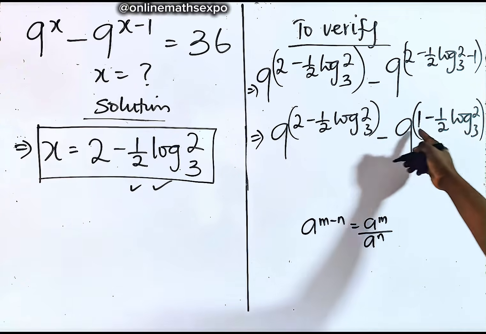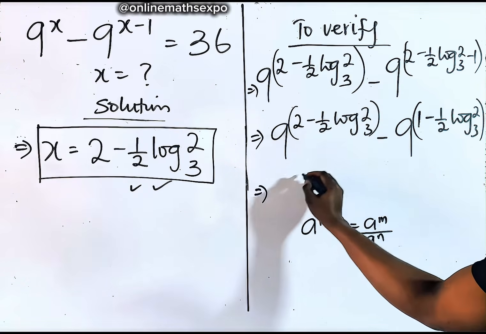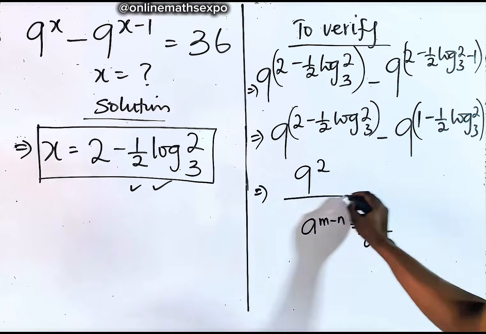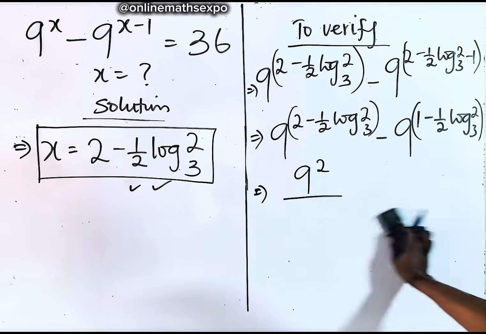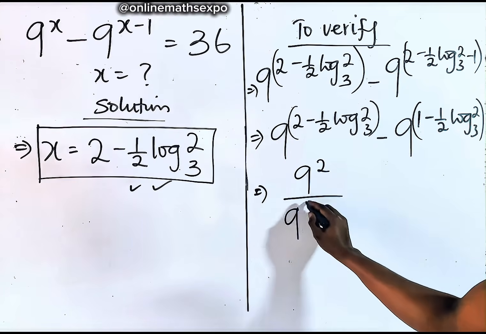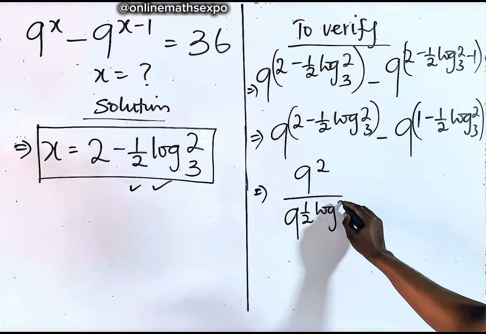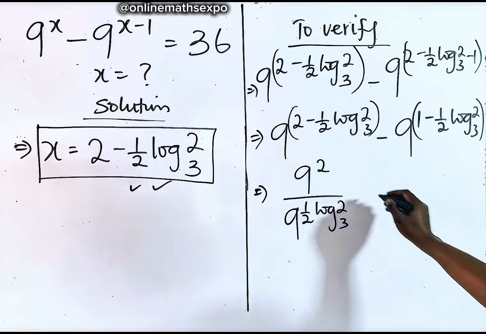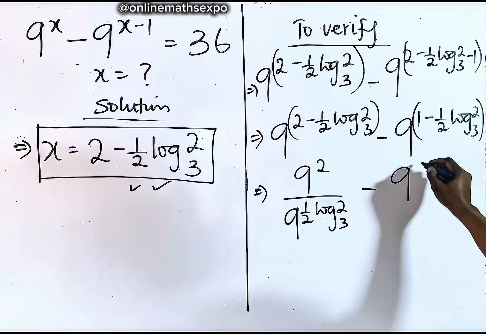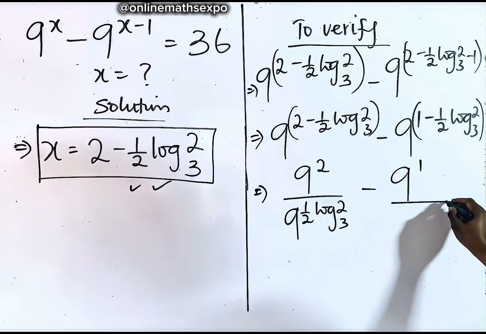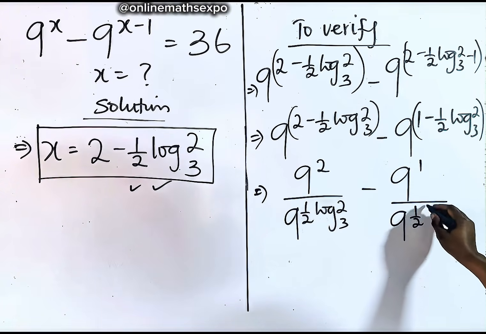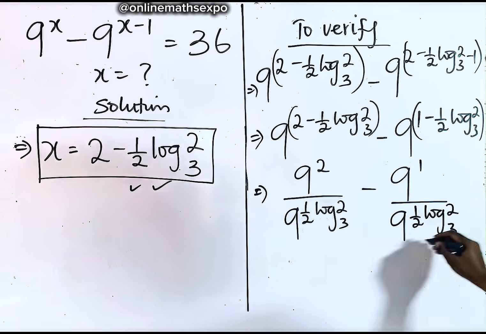So we're going to apply it here. It gives us 9 to the power of 2 divided by 9 to the power of half log 2 base 3, minus 9 to the power of 1. This will turn to division. So we have this log 2 base 3.